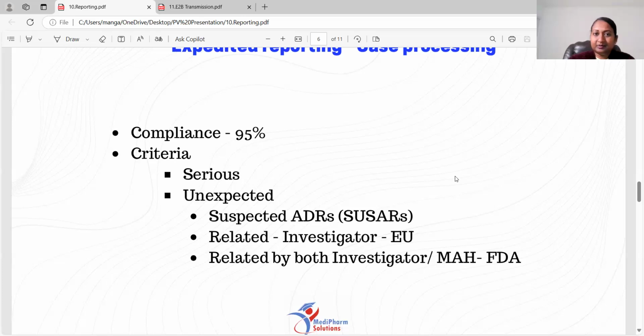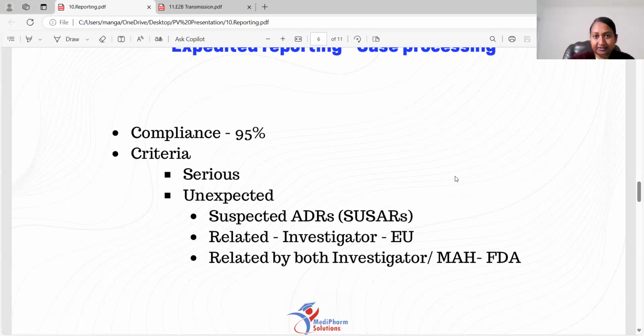Initially, first let me explain how it was previously. When you are dealing with cases coming in for submission to the European Union, the European Union would accept any case which is serious, unexpected, and the investigator says it is suspected. That was more than enough for the EU to accept the case.